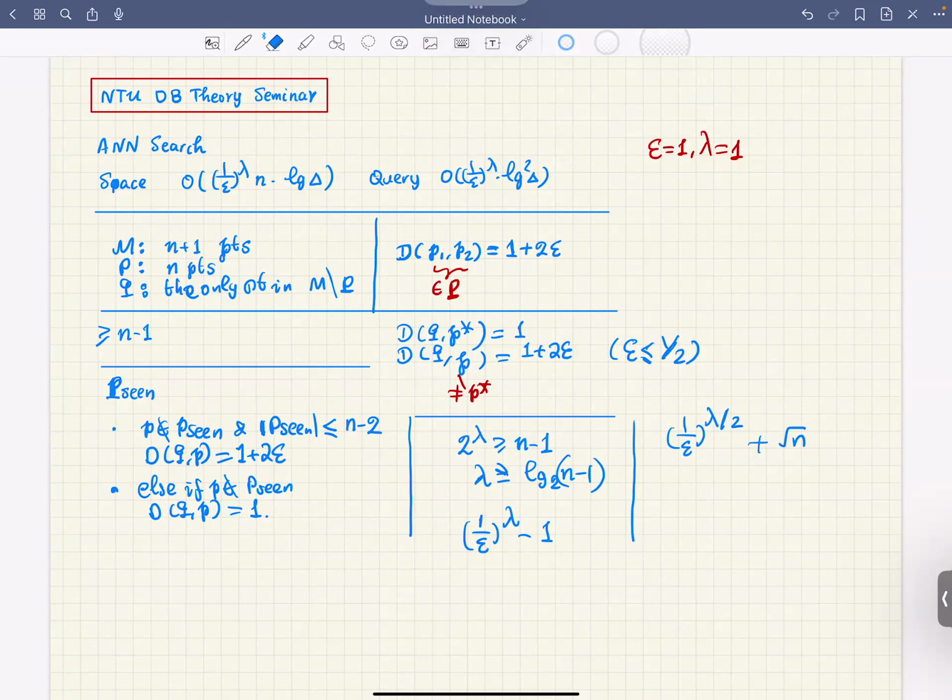All right, so now if you look at the space consumption of the ANN structure, you can see it's N times log delta, right? So if you accept the fact that 1 over epsilon to the power of lambda is something compulsory, let's get that term out of the picture by assuming epsilon being 1 and lambda being 1. So this is a very, very specific case for you. The point is, it's N times log delta. And in industry, people do not like nonlinear space.